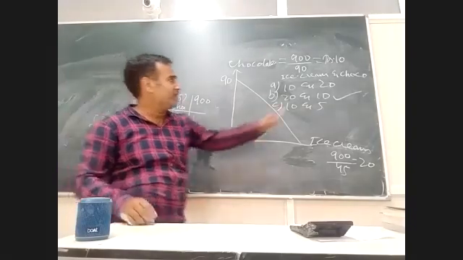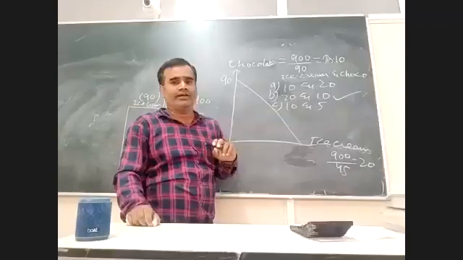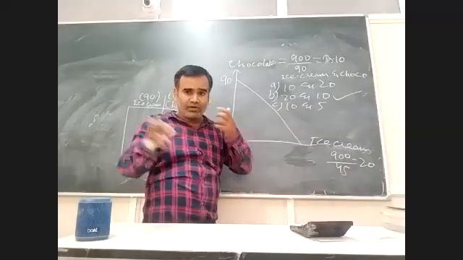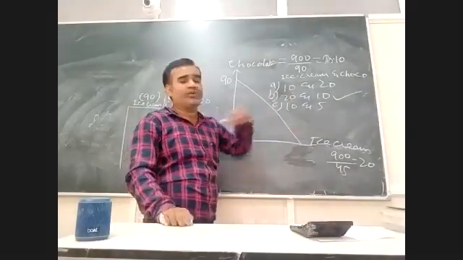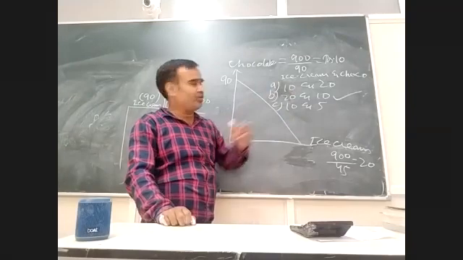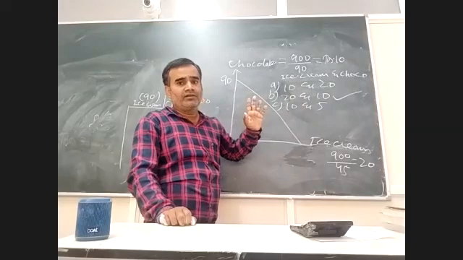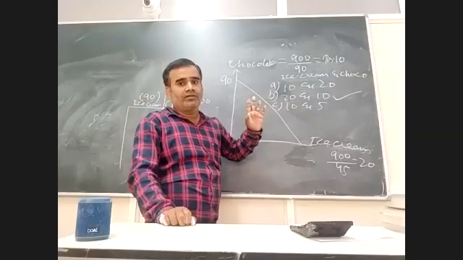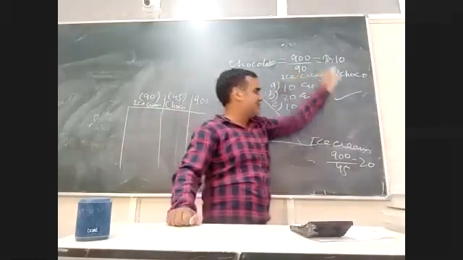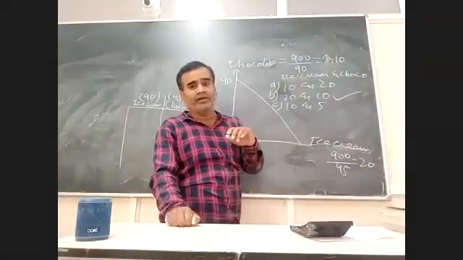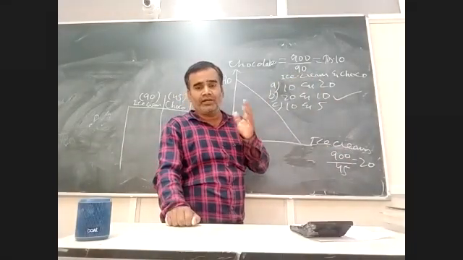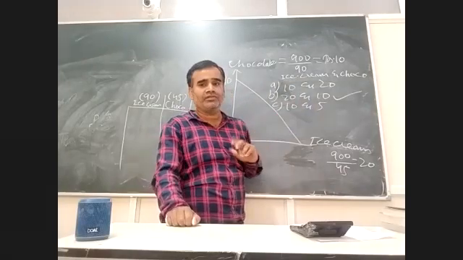See, if I had not followed this order, ice cream and chocolate, given in the question, then even option A would be correct, because options A and B are the same, 10 rupees and 20 rupees. So I was going to say it is 10 and it is 20, so option A would be correct. But again, I thought, let me not go wrong because two options are the same.